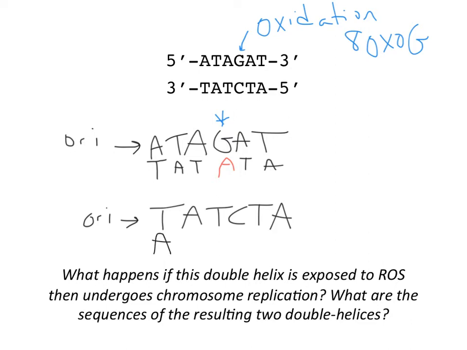So A pairs with T, T pairs with A, C. Did anything happen to the C? Exposure to reactive oxygen species is not a G, so nothing happened to the C, so it still base pairs with G, A, T. So we have a mutation, right? There's an A here. For the first time at this position in this chromosome, there's an A that was never there before.